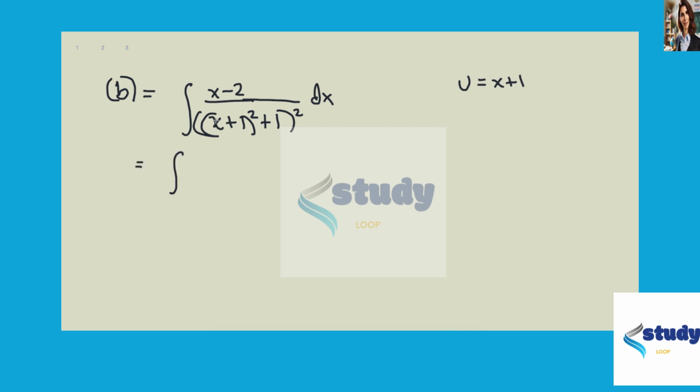Then here we have u minus 3. So here, subtract 3 on both sides, so then we could replace x minus 2 up here with u minus 3. So here's what we have for part B.